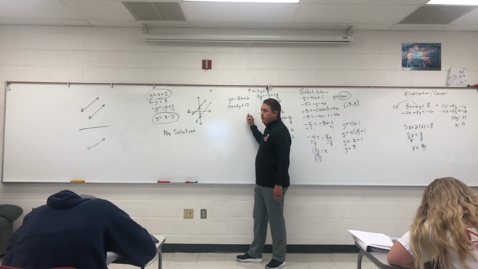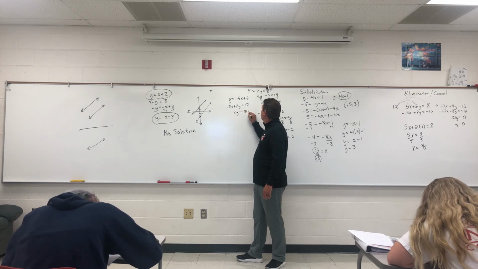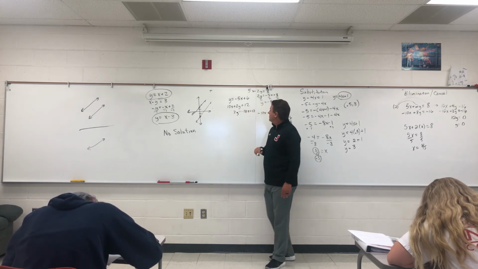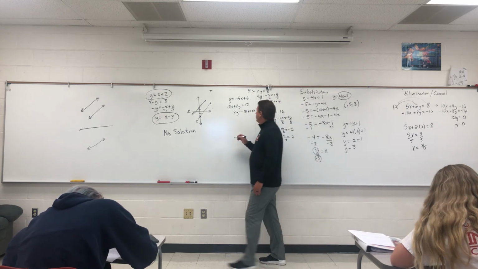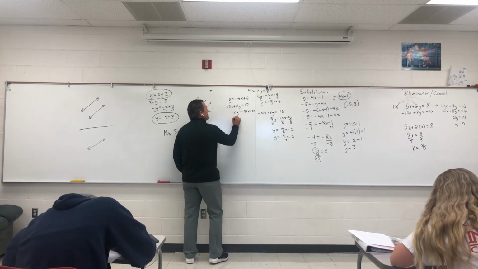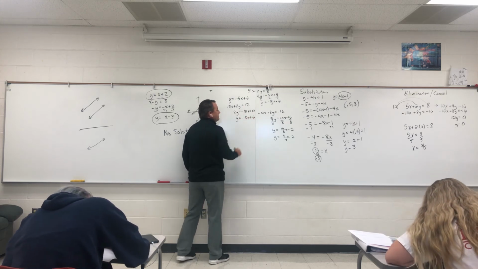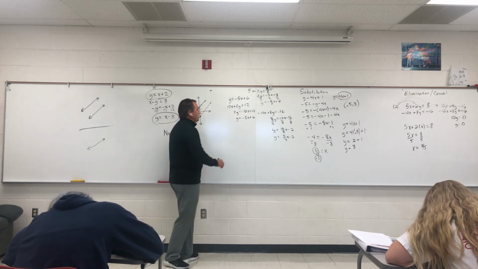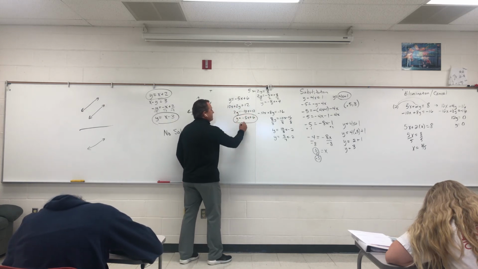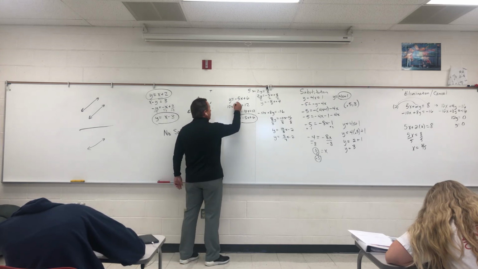So we move the 10x over, so we get 2y equals negative 10x plus 12. We divide by 2. So we should end up with this right here, which is exactly the same as this one, right?